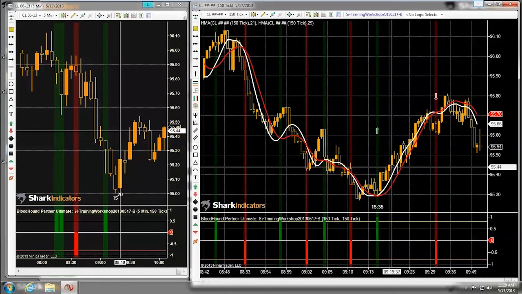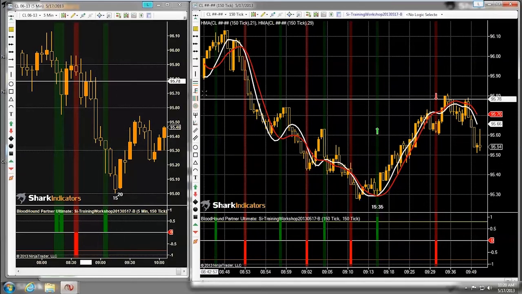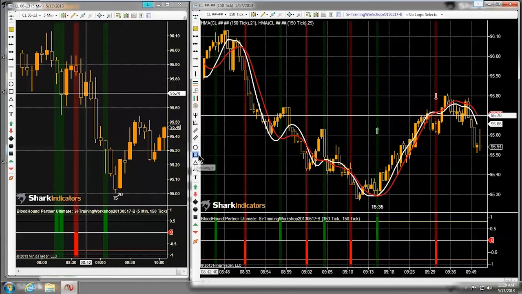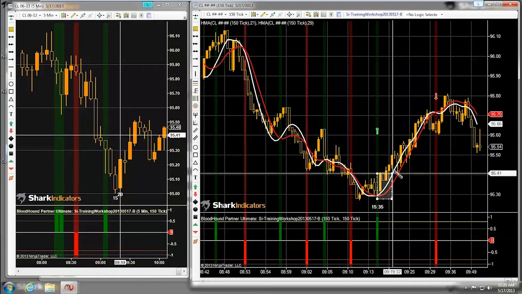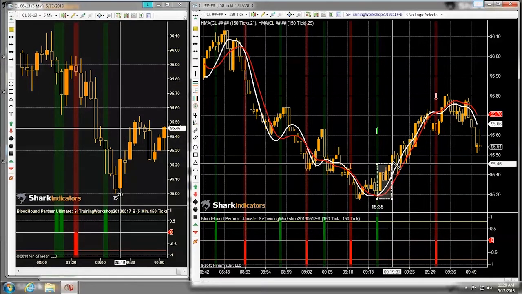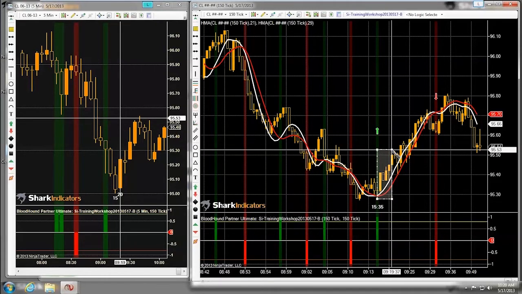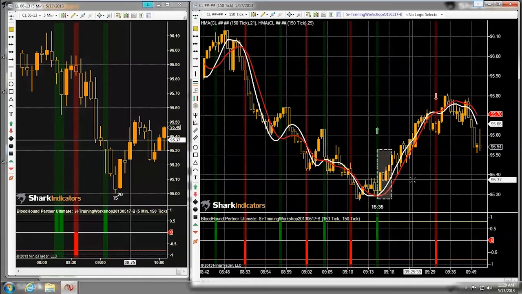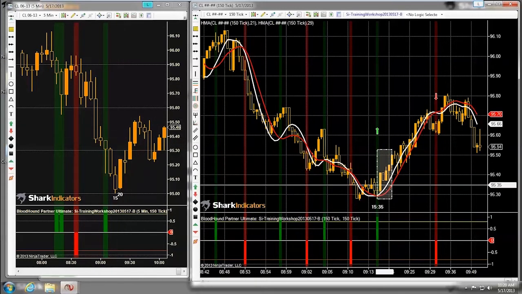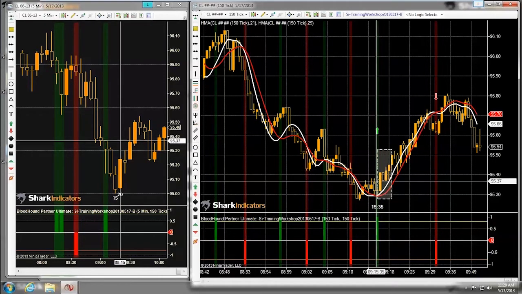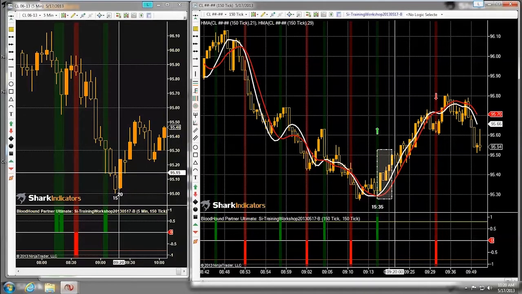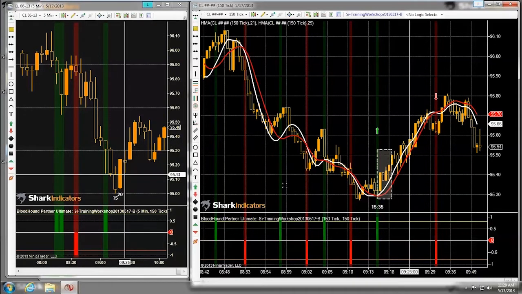All right, so it's this bar right here, and I'm going to use a triangle marker here. What I'm marking is the tick bars that occurred within this 9:20 5-minute bar.